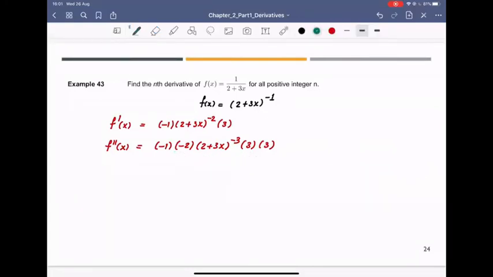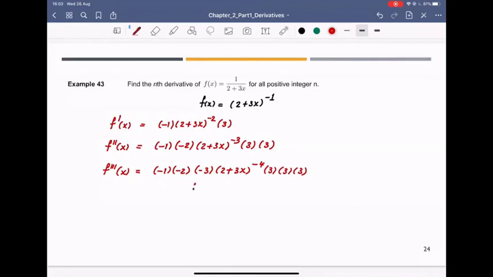One more time, so I have f triple prime, and I am not going to touch negative 1, negative 2, just keep it like that. Then I have to differentiate (2 plus 3x) to the negative 3, so that means negative 3, (2 plus 3x) raised to the negative 4, and then one more 3 attached here because you use the chain rule.